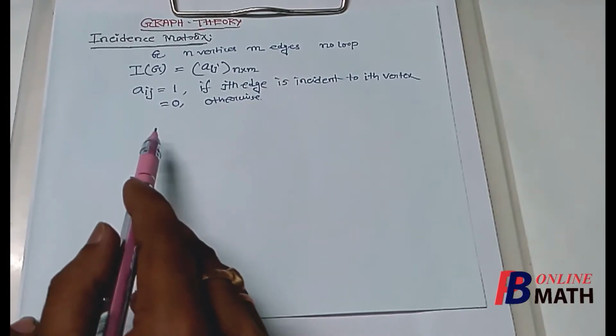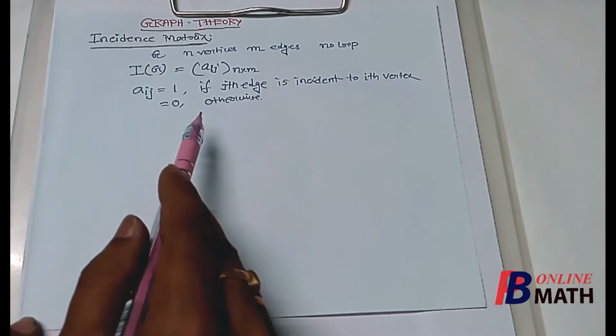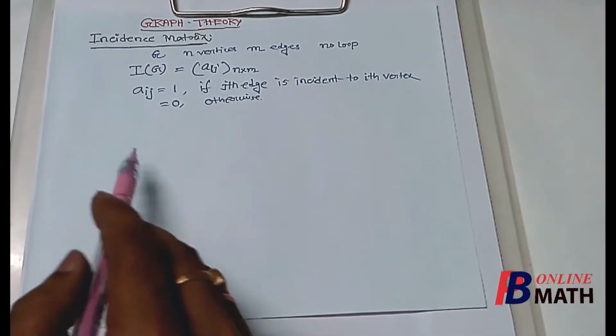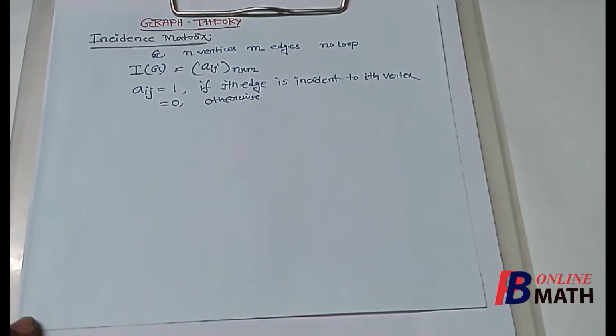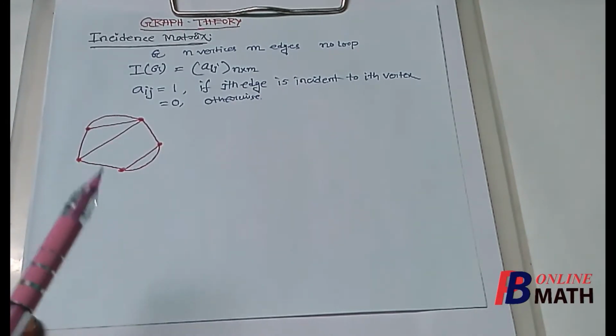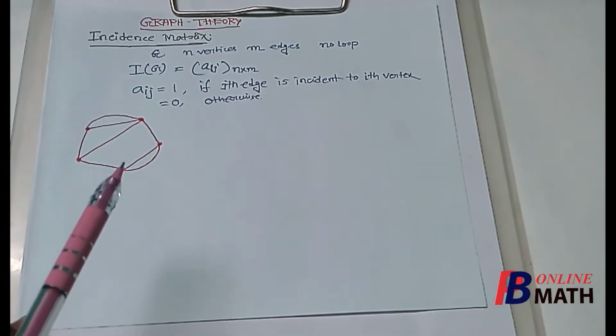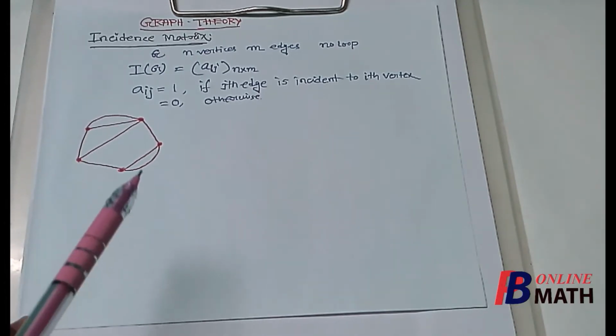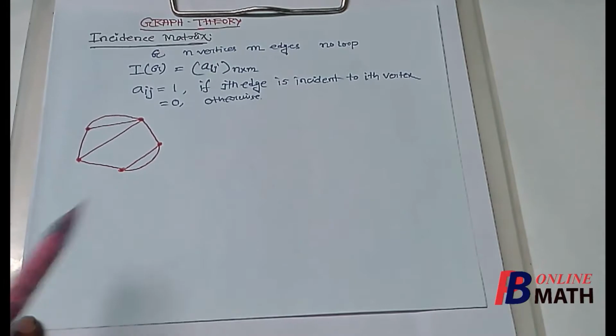Now we shall take one graph and we shall find the corresponding incidence matrix. We consider this graph. We find that the graph contains some parallel edges, but it contains no self loop or loop.